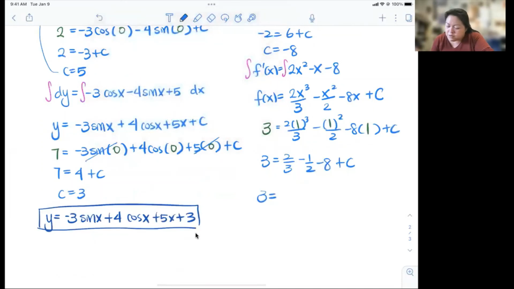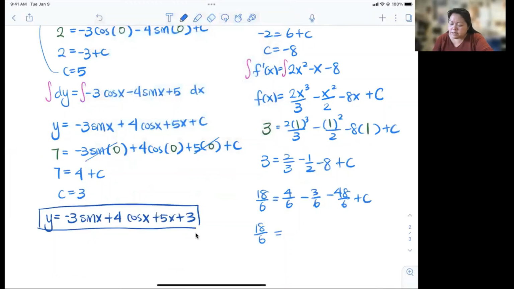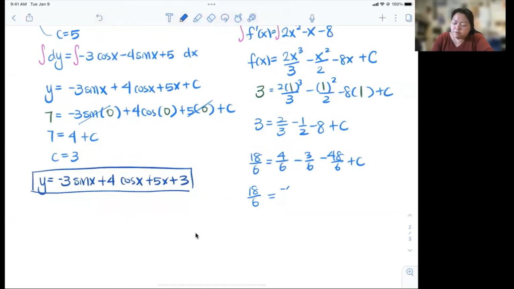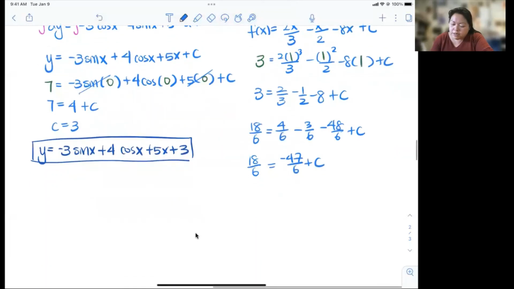So 3 equals, I'm going to make them all common denominator of 6 because I think that is the best common denominator. So if everybody's a denominator of 6, I get 18 over 6 equals 4 over 6 minus 3 over 6 minus 48 over 6 plus c. That's 18 over 6 equals 4 minus 3, that's 1, minus 48, negative 47 over 6 plus c. So if you add that over, you get 65 over 6 equals c.